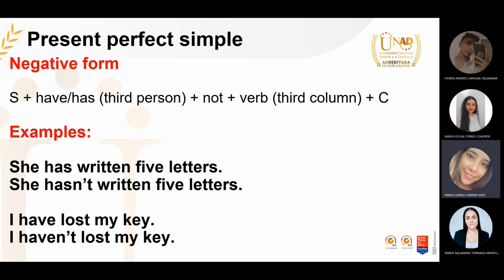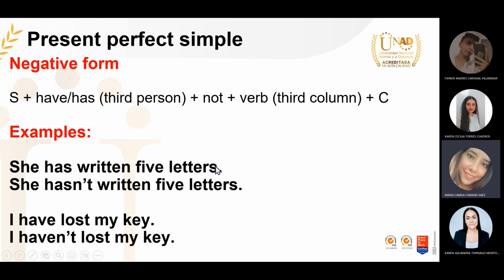The negative form is the same, but only adding the particle not. And if you are talking in an informal context, you can use hasn't, and if you are using have, it is haven't.